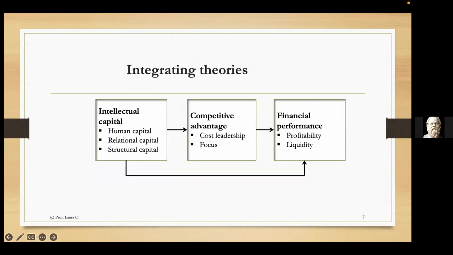When you go to intellectual capital theory, it's categorically clear that intellectual capital is conceptualized in terms of human capital, relational capital, structural capital. It is there in the theory.